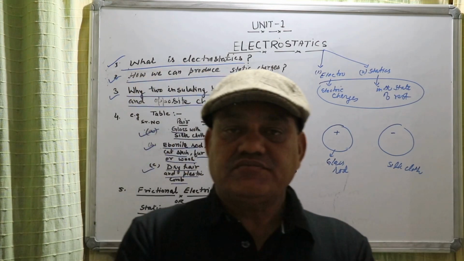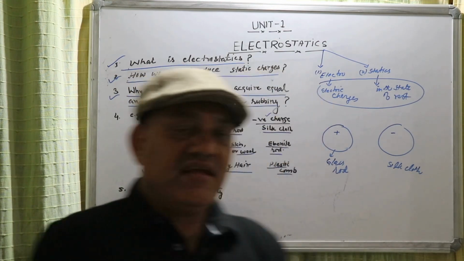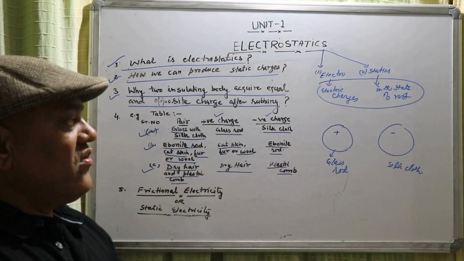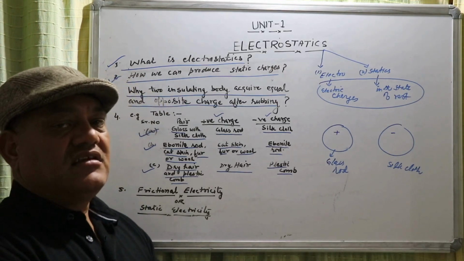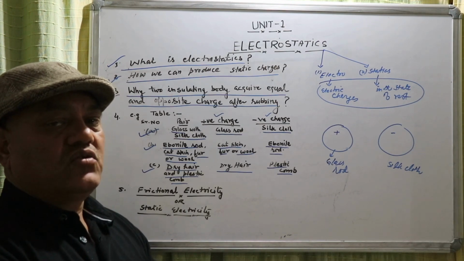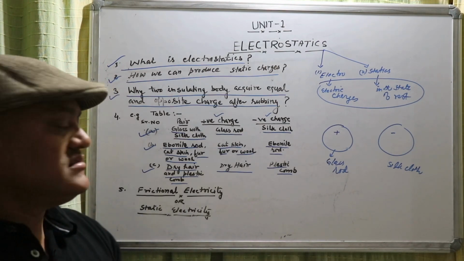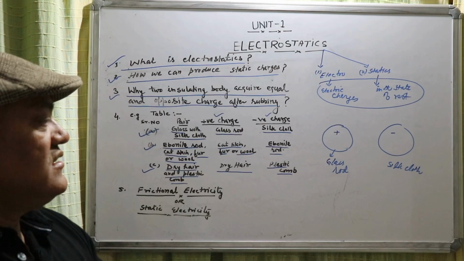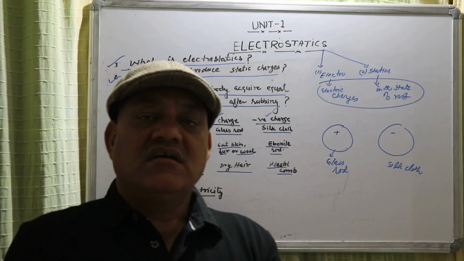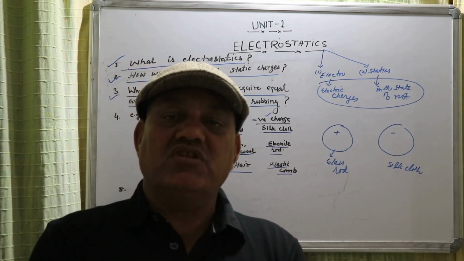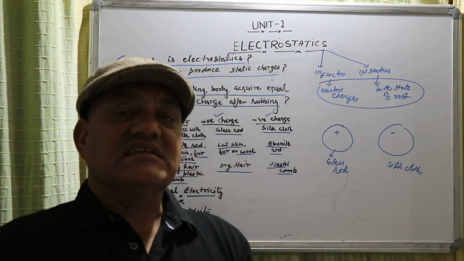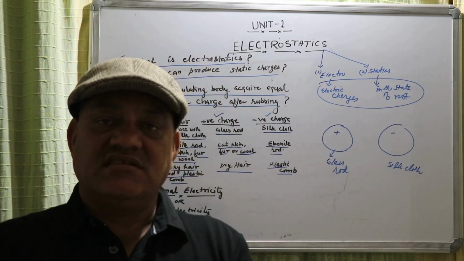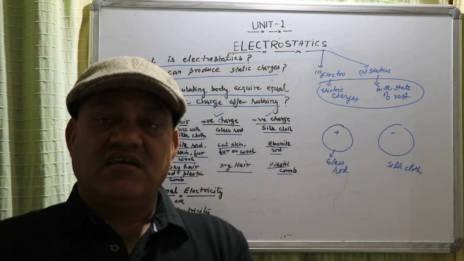Now, by rubbing or due to the friction between two suitable bodies, charges are developed on both the bodies, which are called static charges.